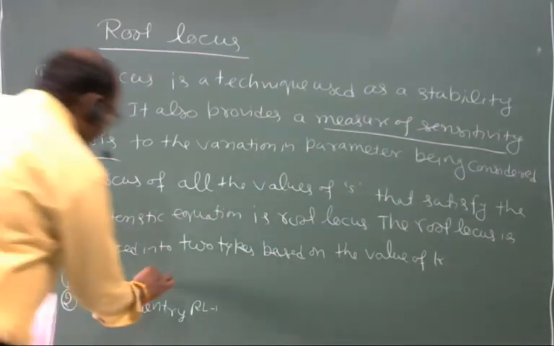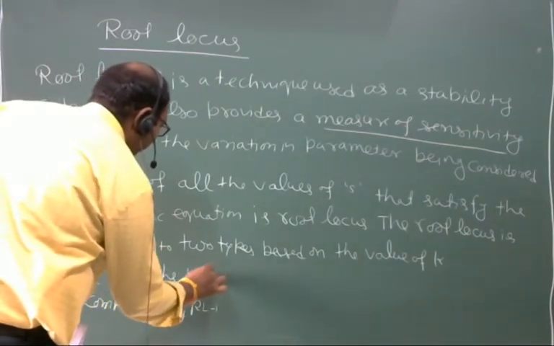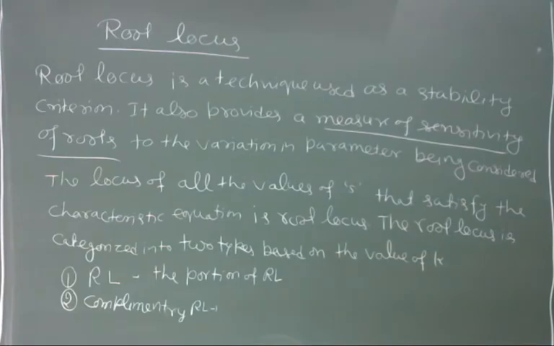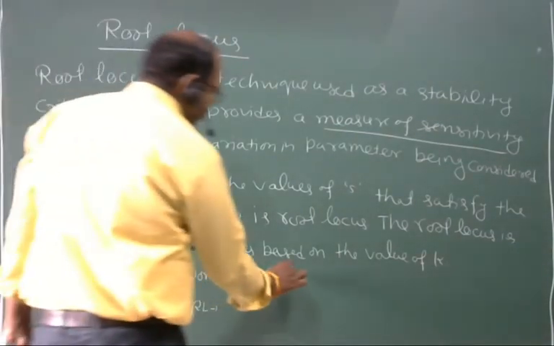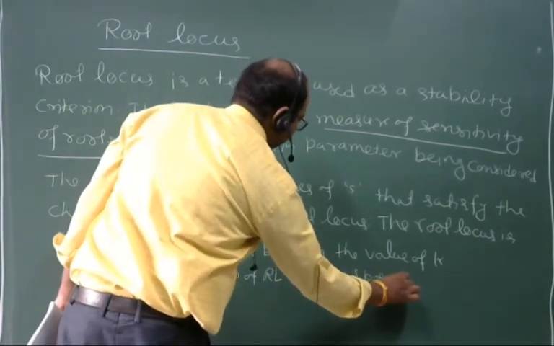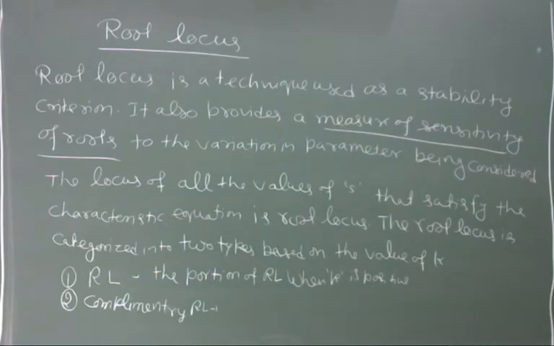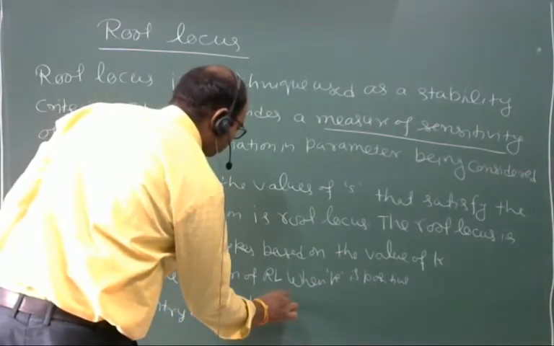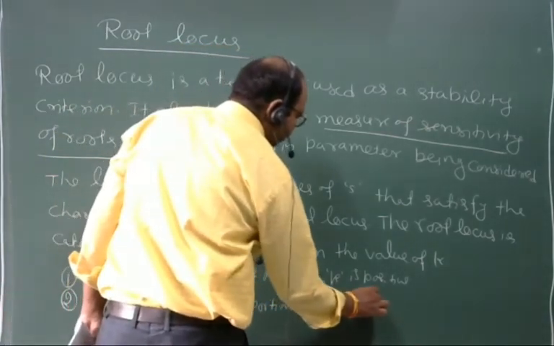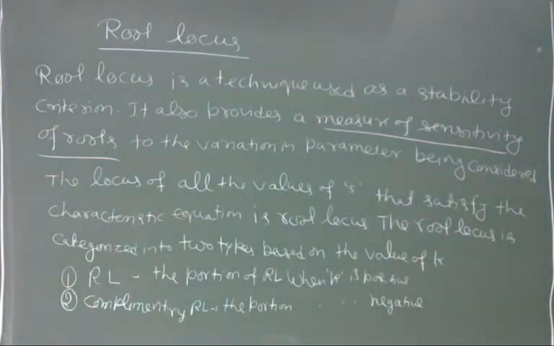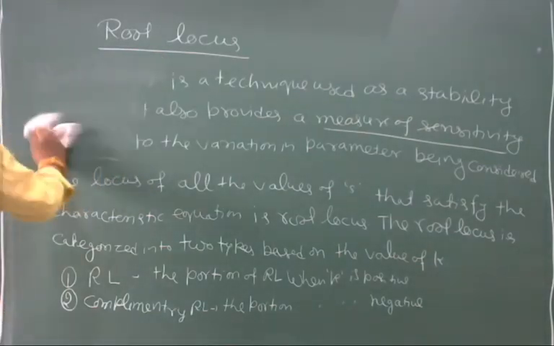Root locus is the portion of root locus when k is positive and complementary root locus is the portion of root locus when k is negative.